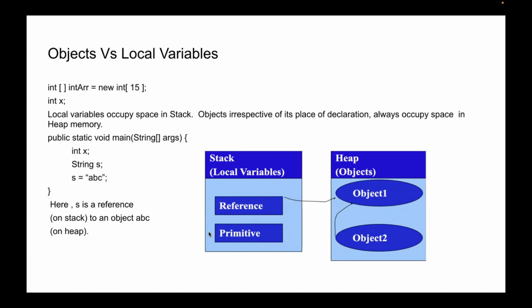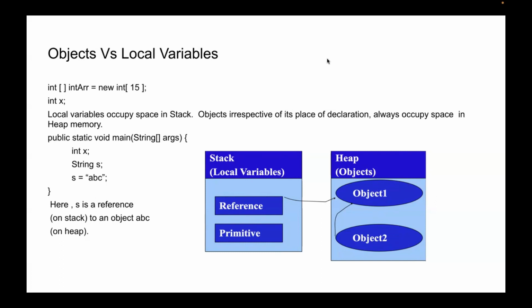Understand that these local variables are stored on a stack, and whatever you create with the new keyword, like new int 15, needs some memory, so this memory will be stored on heaps.